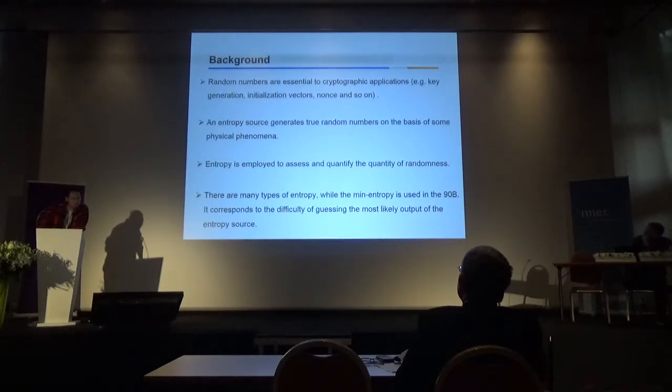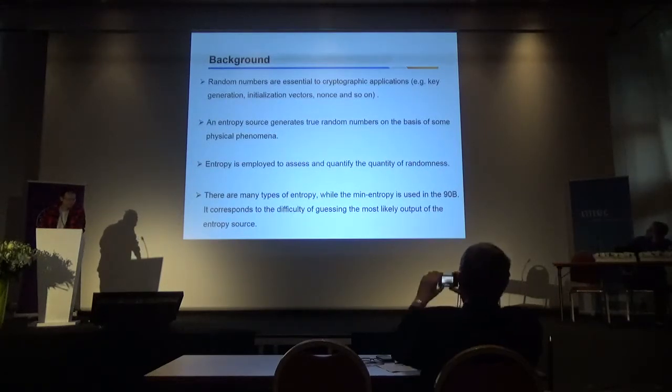As we all know, random numbers are essential for cryptographic applications. For example, the key generation, initialization vectors, nonce, and so on. An entropy source generates true random numbers on the basis of some physical phenomena, and entropy is employed to assess and quantify the quality of the randomness.